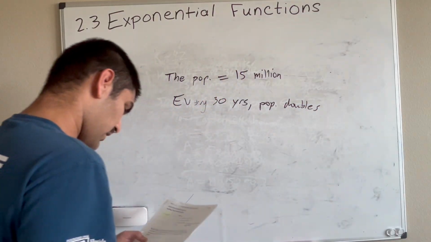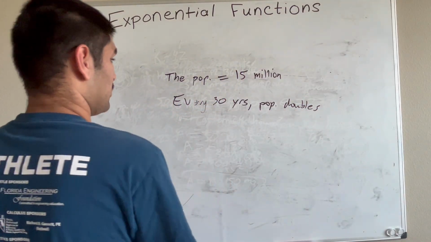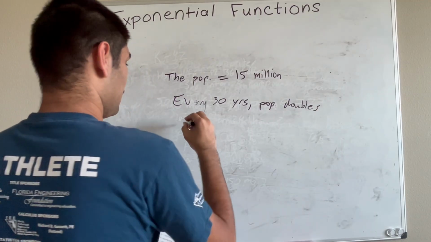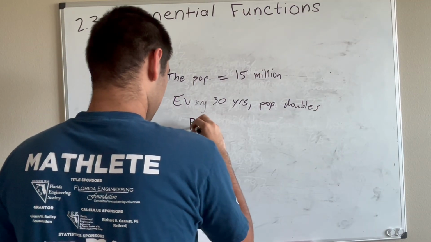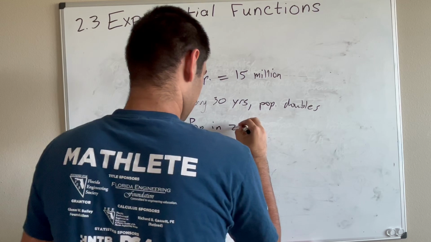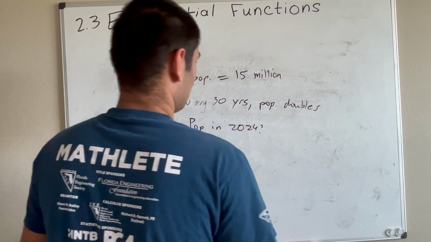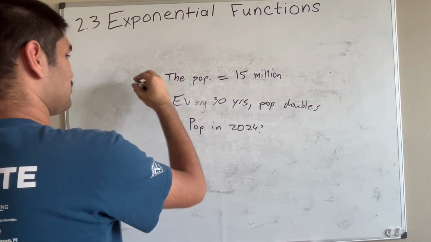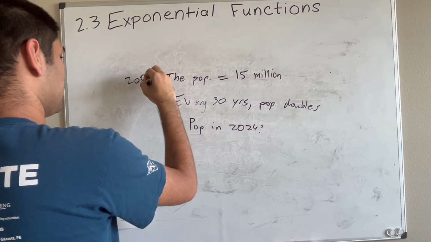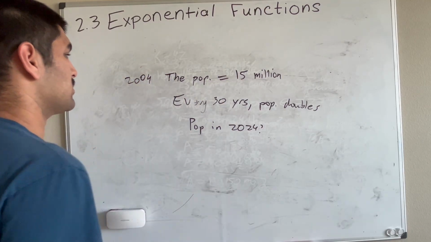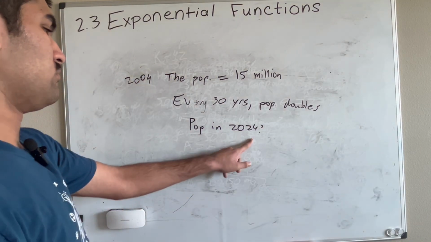And they want you to find the population in 2024. And just so you know, this population was in 2004. So the 2004 population was that much, and they want the population in 2024.